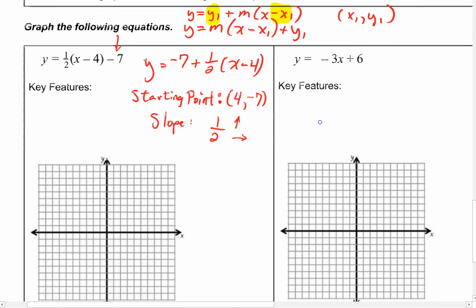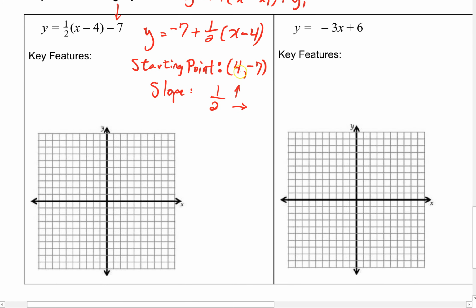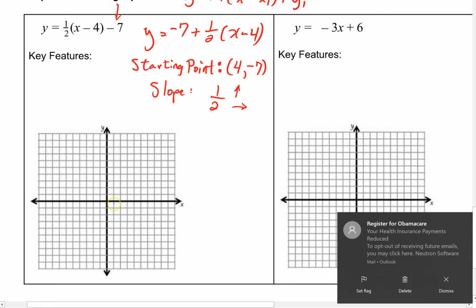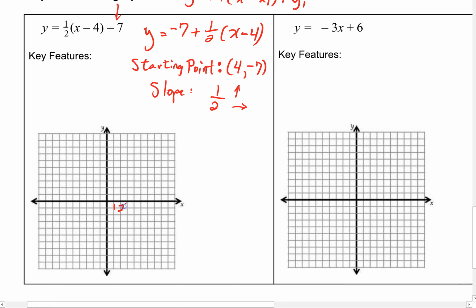So we could graph this very quickly. We can say, well, I will go to the point 4, negative 7, and here's a 1, 2, 3, 4, and we'll see down here's 1, 2, 3, 4, 5, 6, 7. So we're right here at 4 comma negative 7.